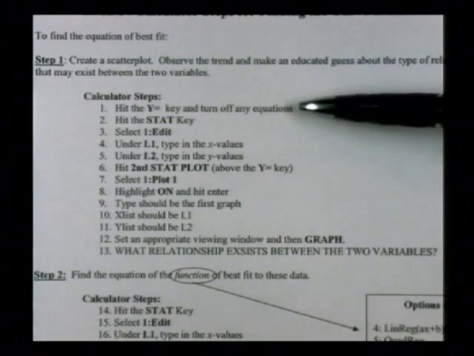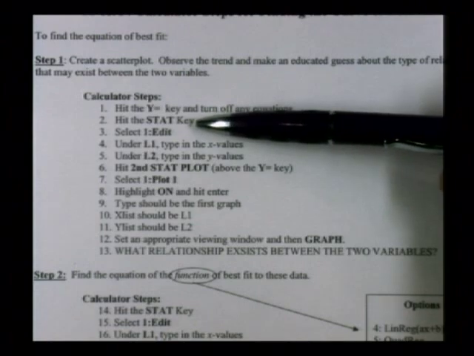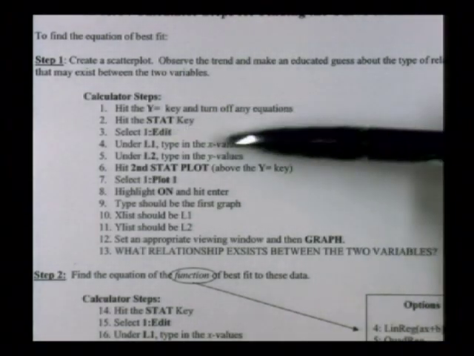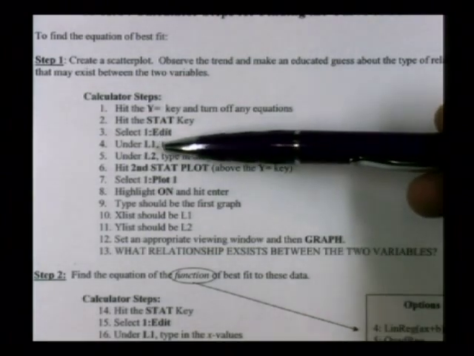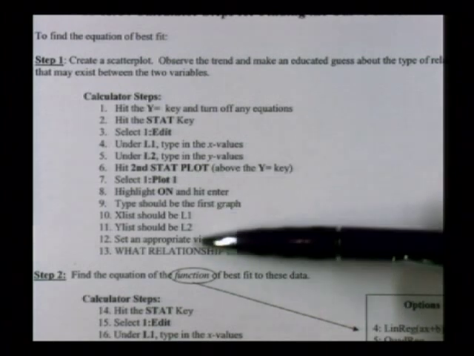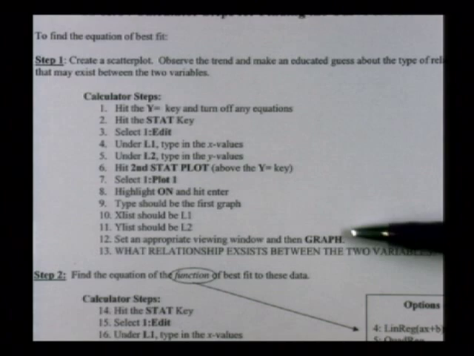You're going to either turn off any equations, and I'll show you how to do that today, or you will erase them. Then you'll go to your statistics set, and you will enter data into what are called data lists. And we'll be entering data into L1 and L2. And then there's a series of commands here, and what I'll do is I'll walk you through this. But if this is readable on the DVD, then somebody could pause the DVD and write these things down.